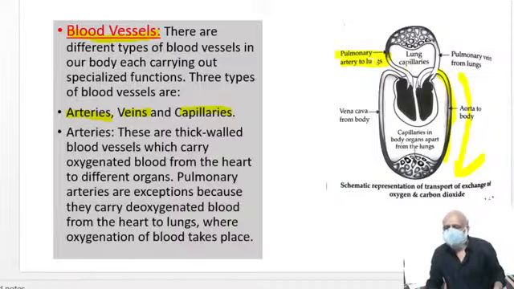Here, pulmonary artery in pulmonary system carry deoxygenated blood from the ventricle, and pulmonary veins carry oxygenated blood from the lungs.